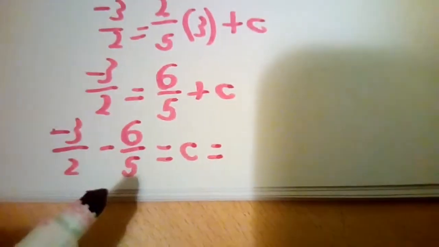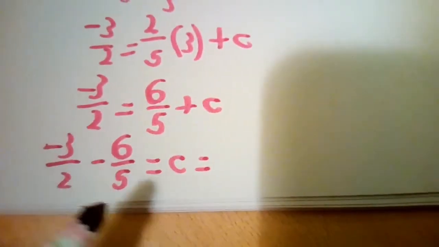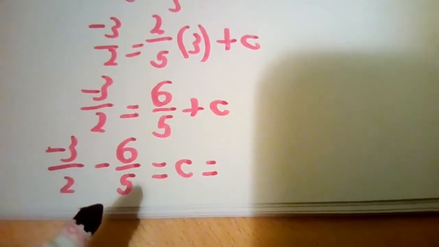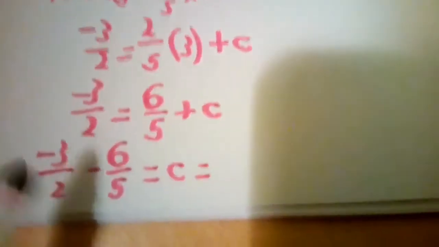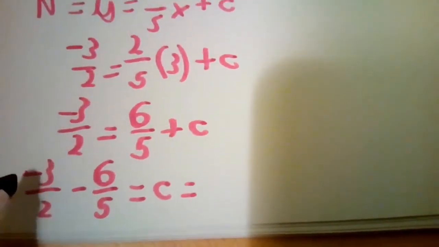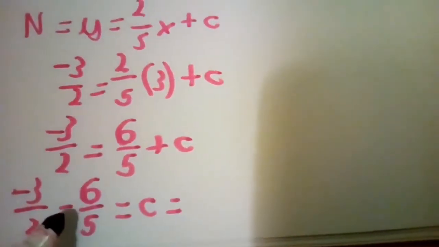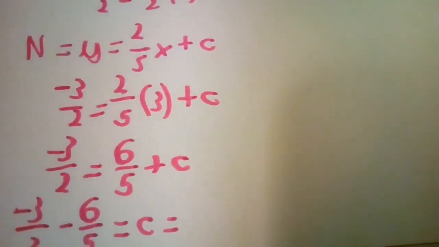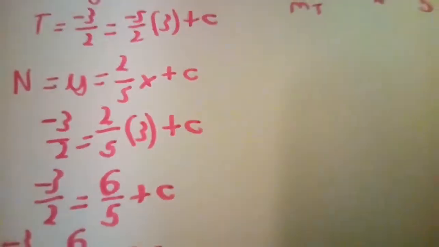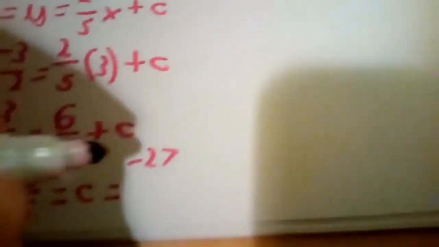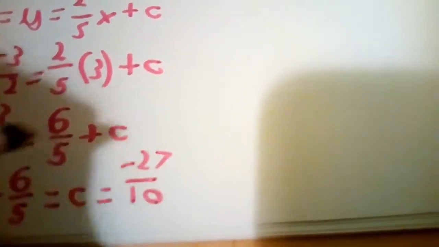If we find a common denominator of 2 and 5, that is 10. So that would be minus 15 over 10 minus 12 over 10, and we get minus 27 over 10 to be c.